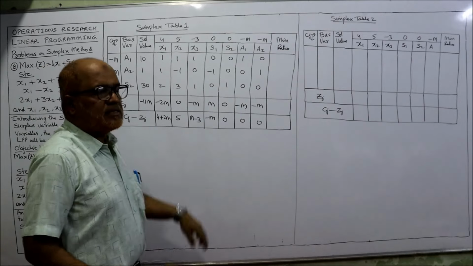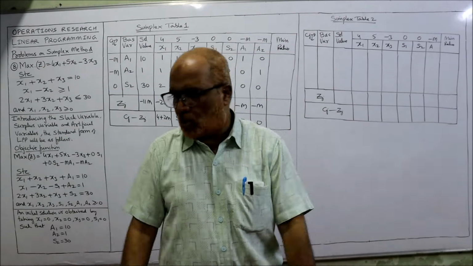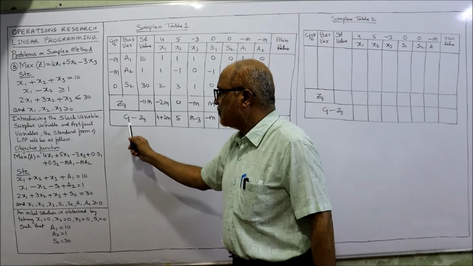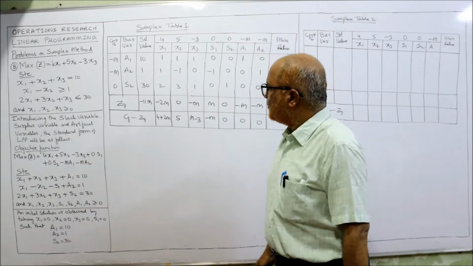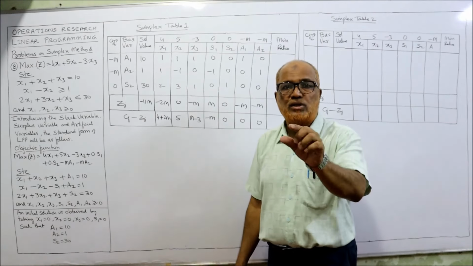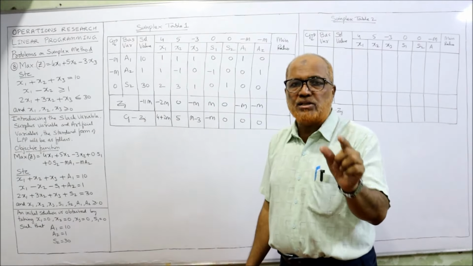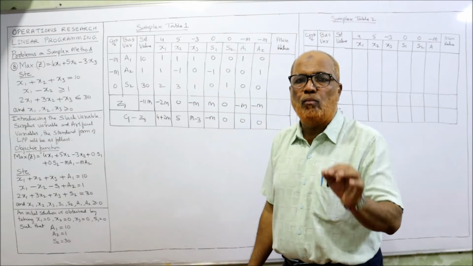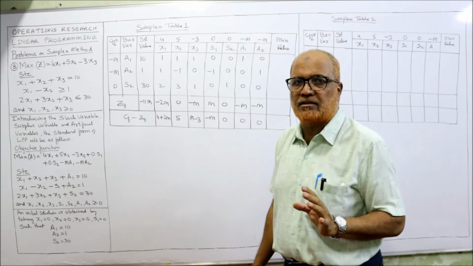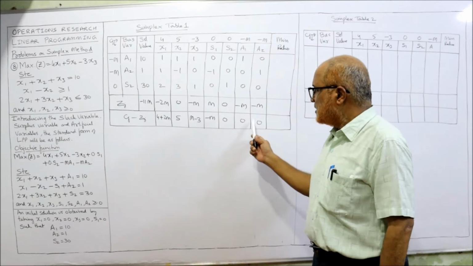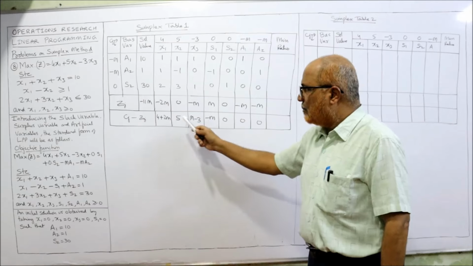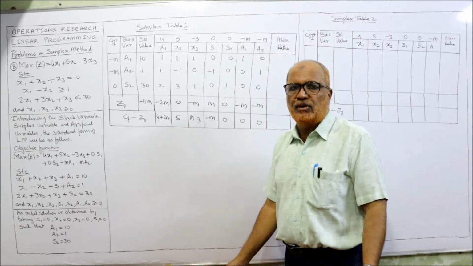For a maximization problem, all the index row elements, this is the index row, Cj minus Zj, should be zeros and negatives. If any positive value appears, then the highest positive should be selected. Here we can't say which is negative and which is positive. Here 0, 0, 0, negative is there, but out of these three, which is negative, we don't know.